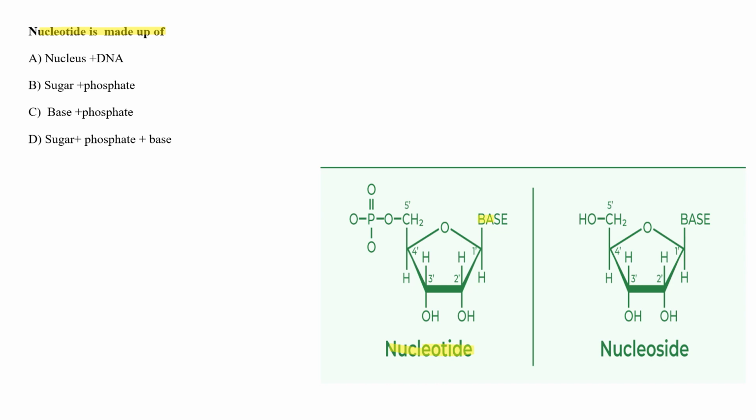The base can be adenine, guanine, thymine and cytosine in case of DNA, and adenine, guanine, uracil and cytosine in case of RNA. Similarly, in DNA we have deoxy sugar and in RNA we have ribose sugar. Other than this base and the sugar, a phosphate moiety is also attached in case of nucleotide, whereas in case of nucleosides there is no phosphate attached, only the sugar and base is present.